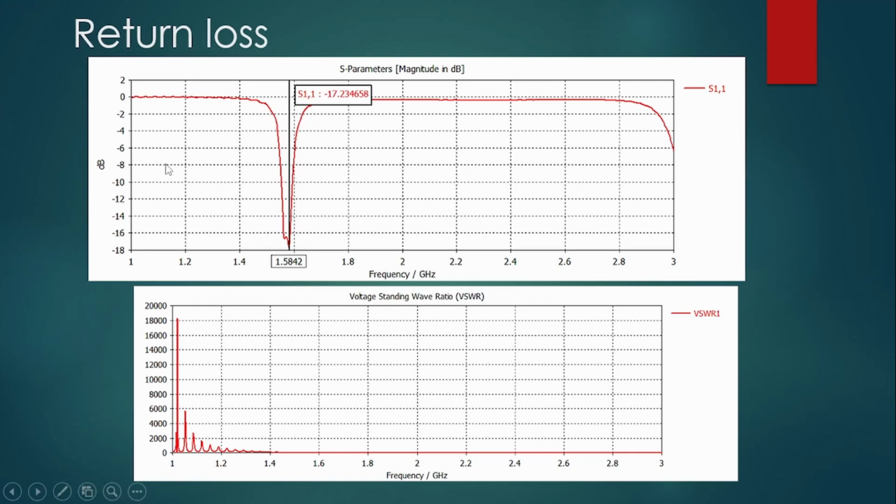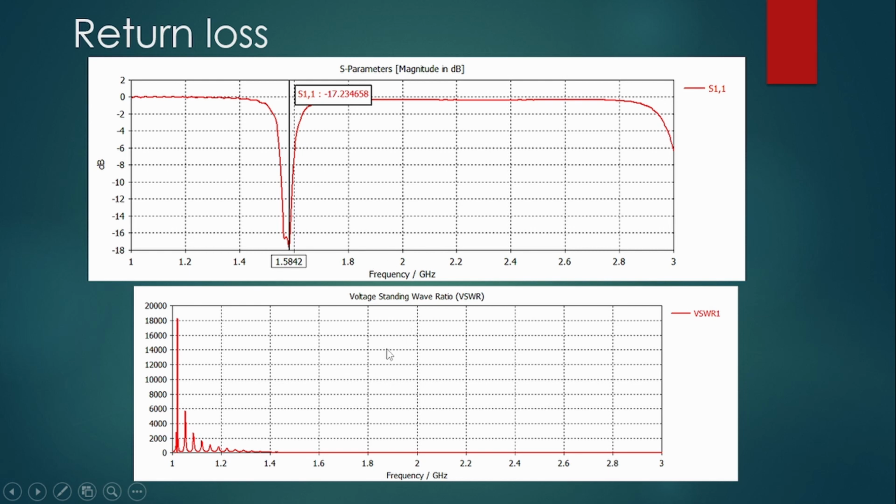The return loss is minimum at frequency 1.5842 GHz, where the return loss is negative 70.23468 dB.